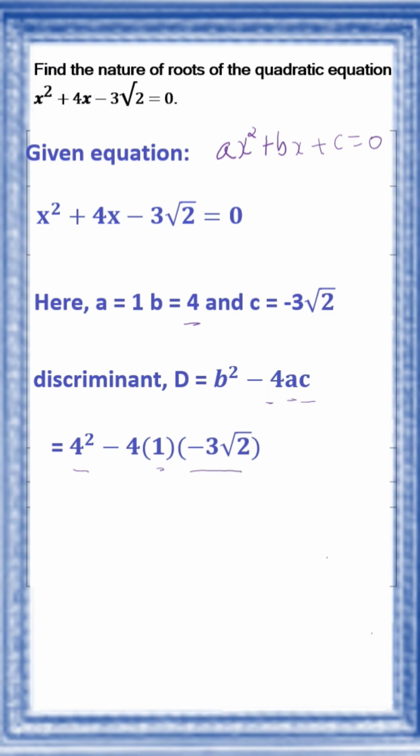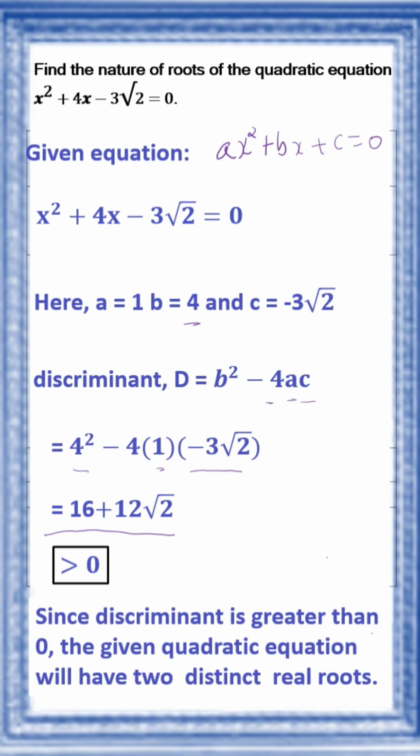Here 4 square is 16, negative into negative is positive, 4 into 3 is 12 root 2. So 16 plus 12 root 2. Now is the whole of this greater than 0 or lesser than 0? It is greater than 0.